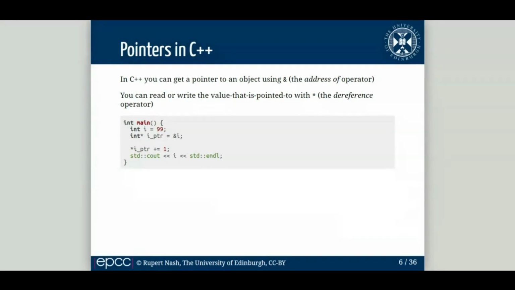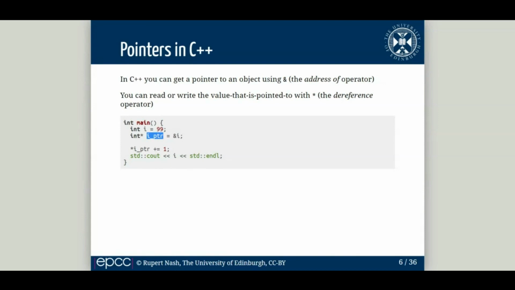When we initialize this pointer, what we do is get the address of the variable I. To get the address of a variable, we use the ampersand, and what it returns is the address in memory where this variable is located. So here we have this pointer.